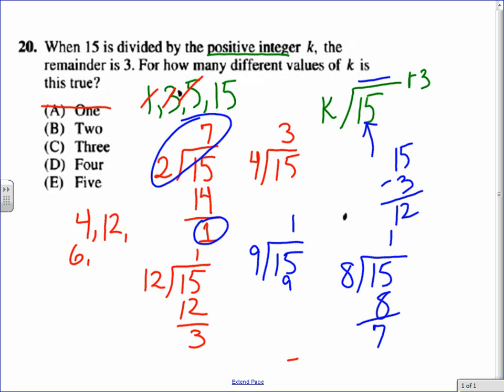So 9's not going to work because the remainder is not 3. Ten can go in one time, but that will give you remainder 5. So you have a pretty good idea that you're done because you already accounted for 12. But let's just continue, so you could check your answers.